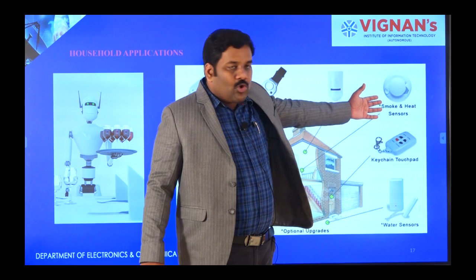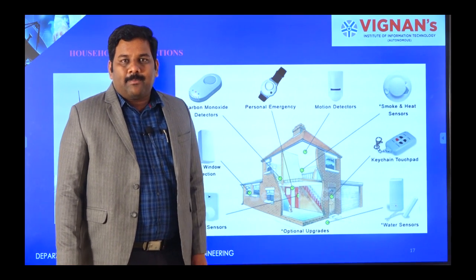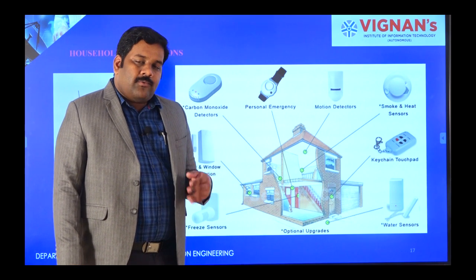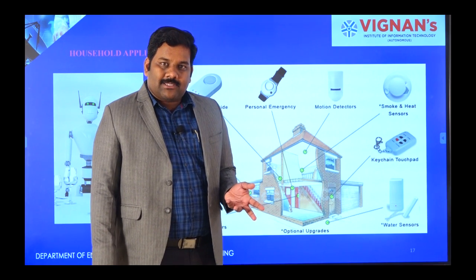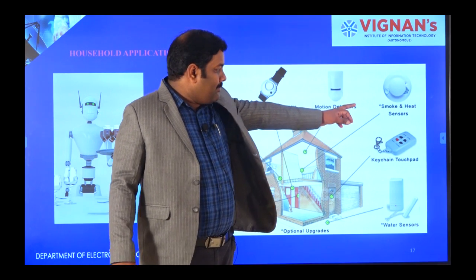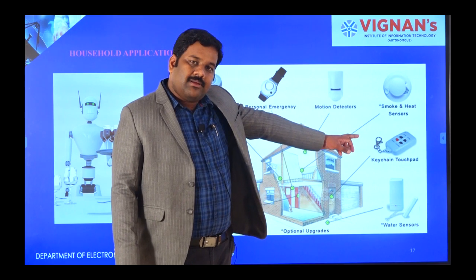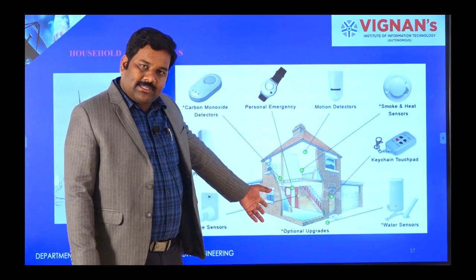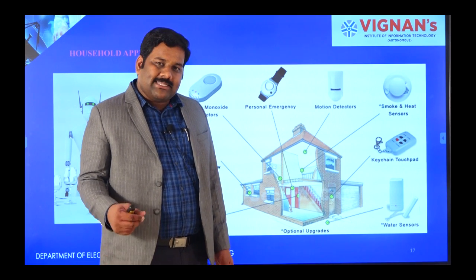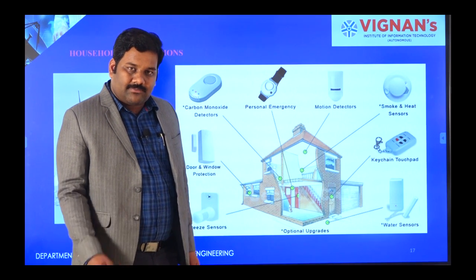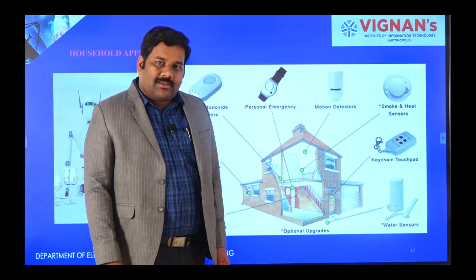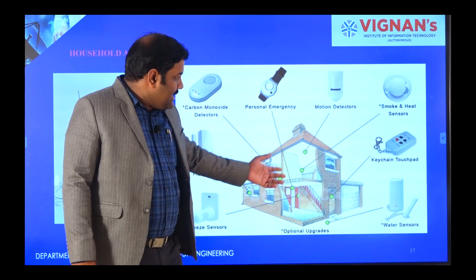Next one is smoke and heat sensors. In most super specialty hospitals and 5-star hotels, every building must have them. I can use the same in my home also. For example, somewhere I burn a paper or a cloth. I fire it up with matches and let it burn.